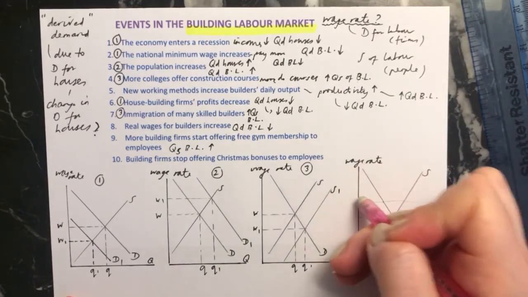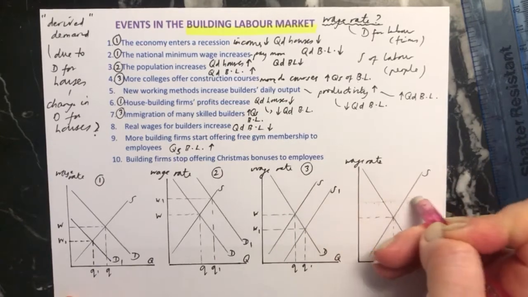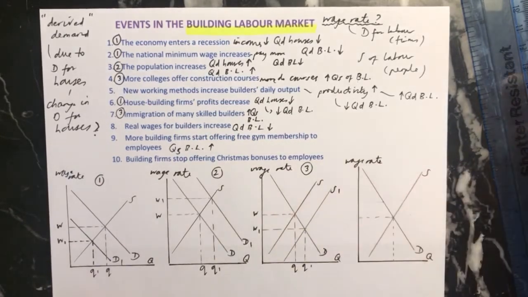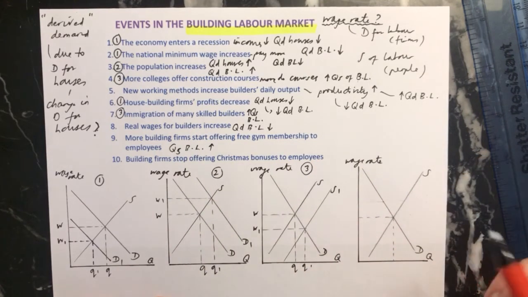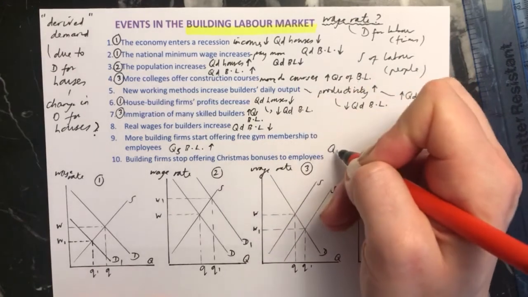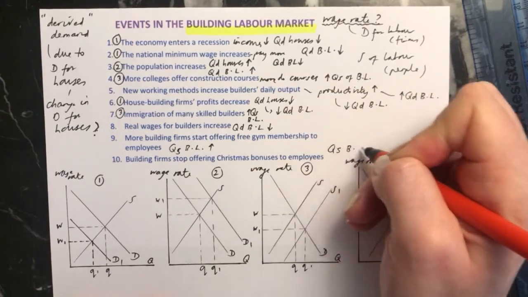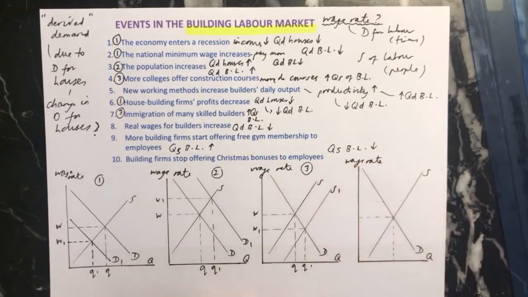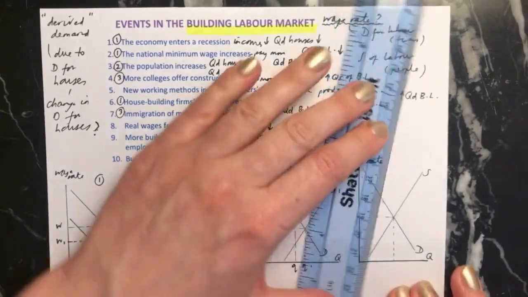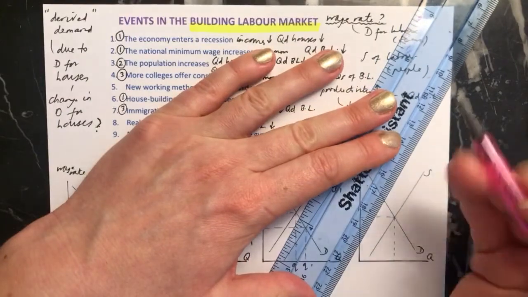The last one, building firms stop offering Christmas bonuses to employees. That takes us to the last possible diagram that you can have in the labour market, and that is where, as a result of them not giving these bonuses, less people perhaps want to be builders, and therefore the quantity supplied of building labour goes down. And remember, if it goes down, there's less labour being supplied. Left is less.